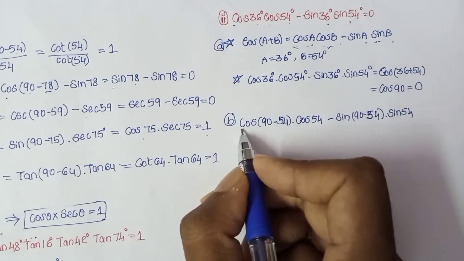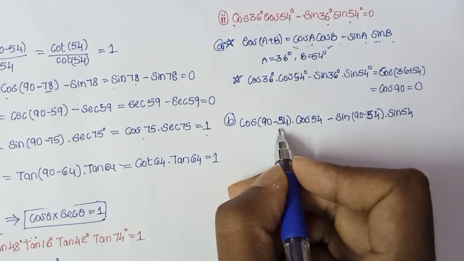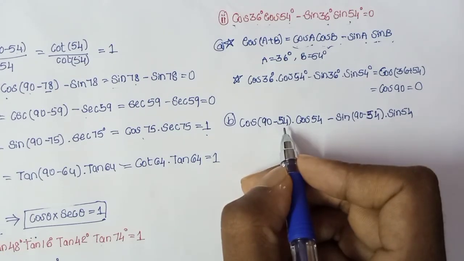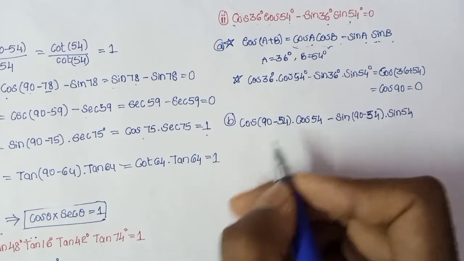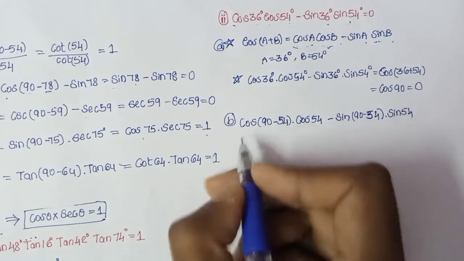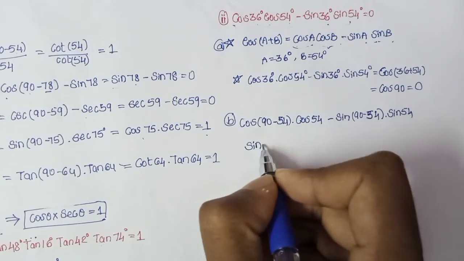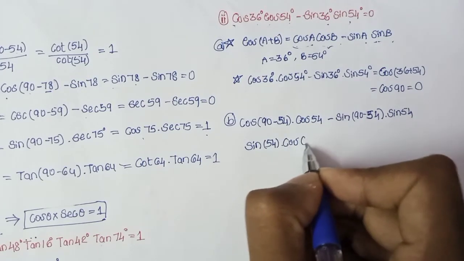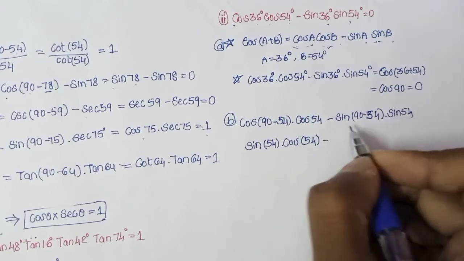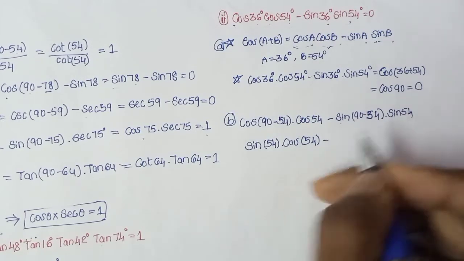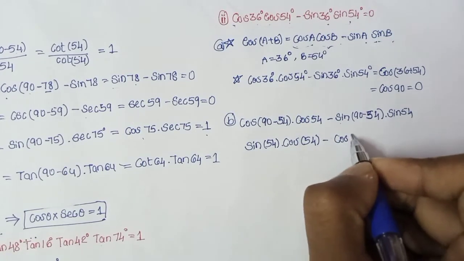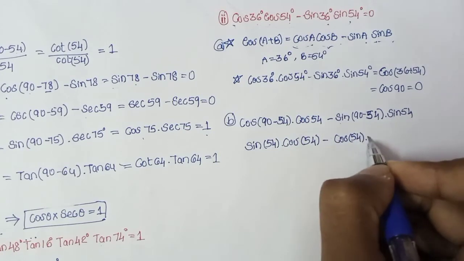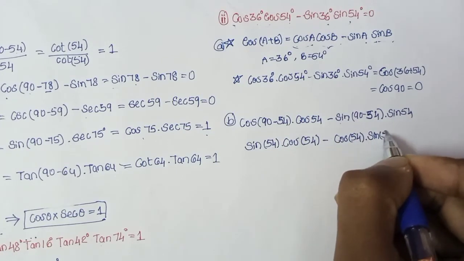Here cos of 90 minus 54, what will you get? Sin of 90 minus theta is cos theta, and cos of 90 minus theta is sin theta. So cos of 90 minus 54 is sin 54, sin 54 into cos 54, minus sin of 90 minus 54 is cos 54, so cos 54 into sin 54.